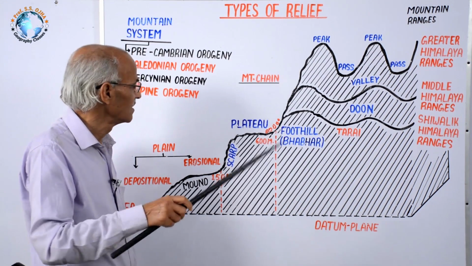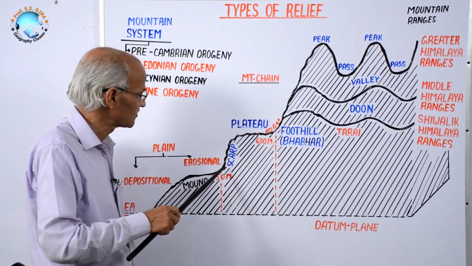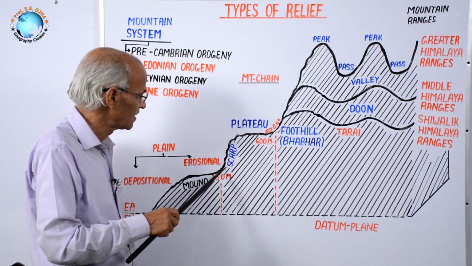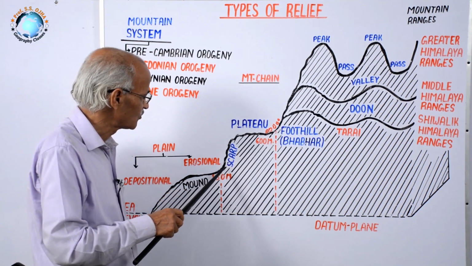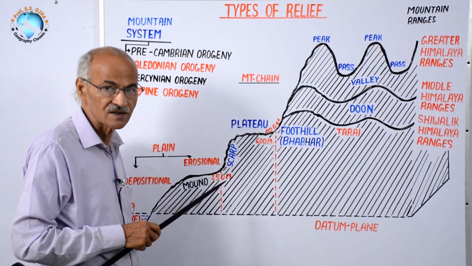Western Ghat is a relief having a very steep slope, and just at its foothill the plain, the western coastal plain, starts.